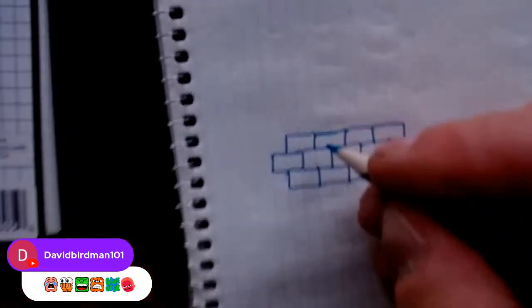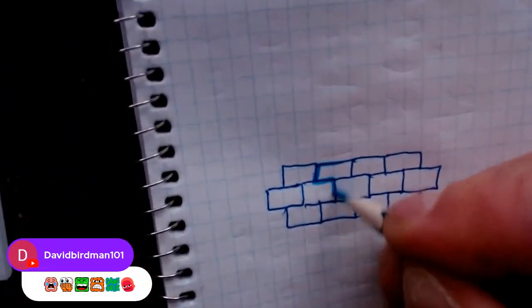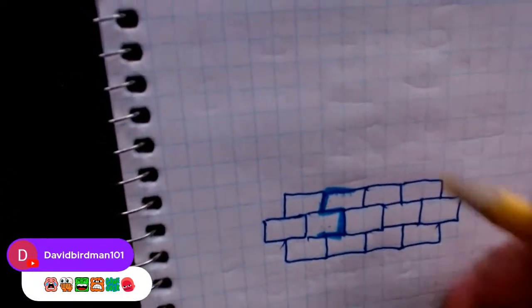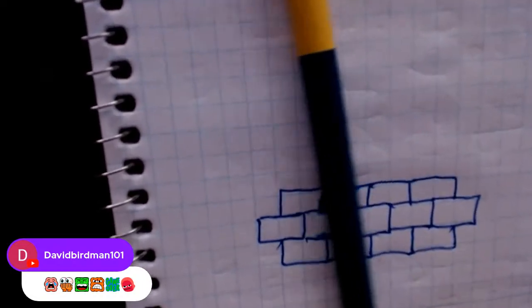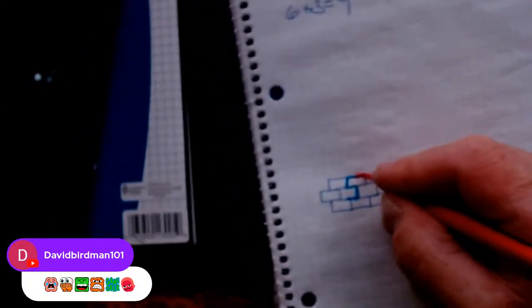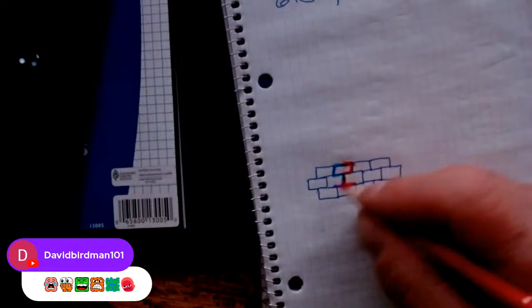See the way you have the half cell, it starts here. Here's your 5. Then on this side, you create your 2. So you have your 52.